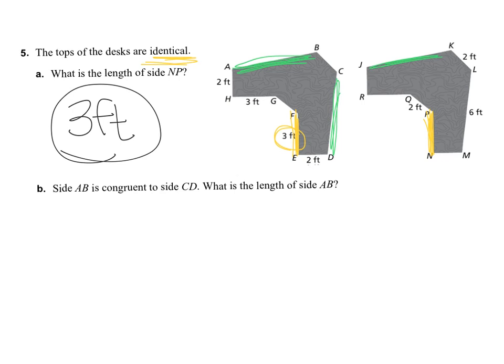I also know that AB is congruent to CD. Well, when I look over here and find the corresponding side, I see that it is LM. So CD corresponds with LM, therefore they're matching. If LM has a side length of 6 feet, therefore CD has a side length of 6 feet. I also know that CD is congruent to AB, therefore AB has a length of 6 feet.